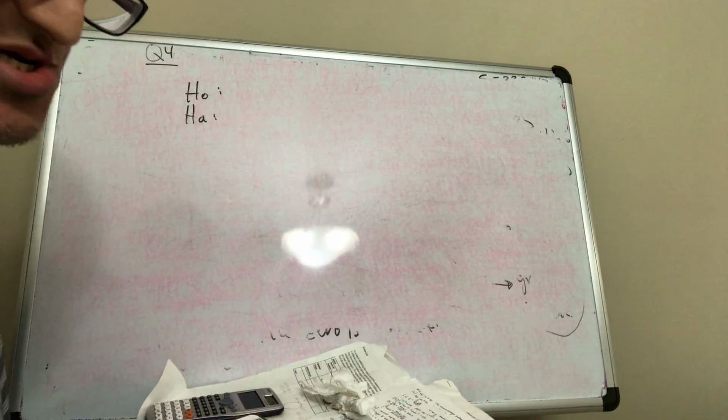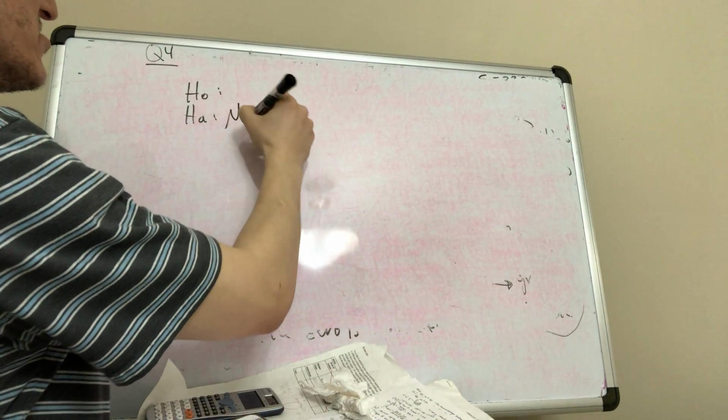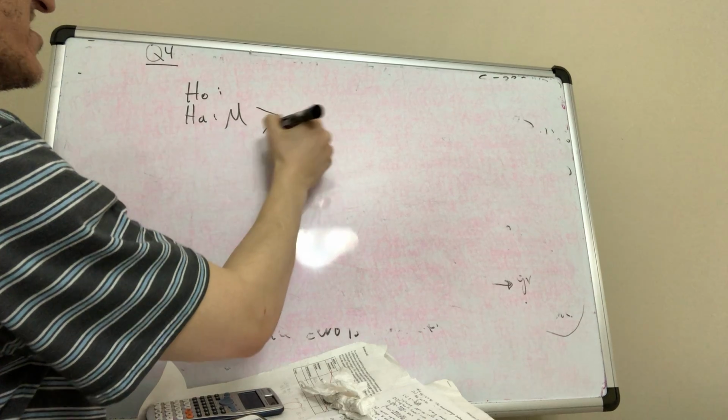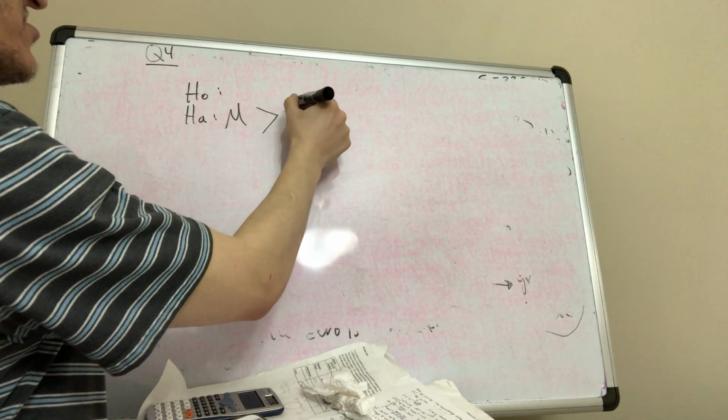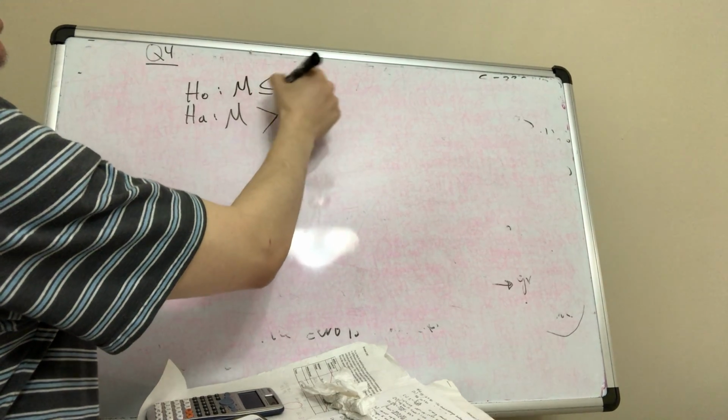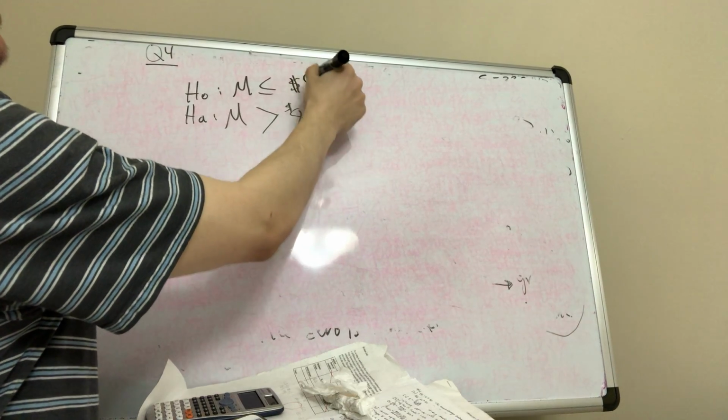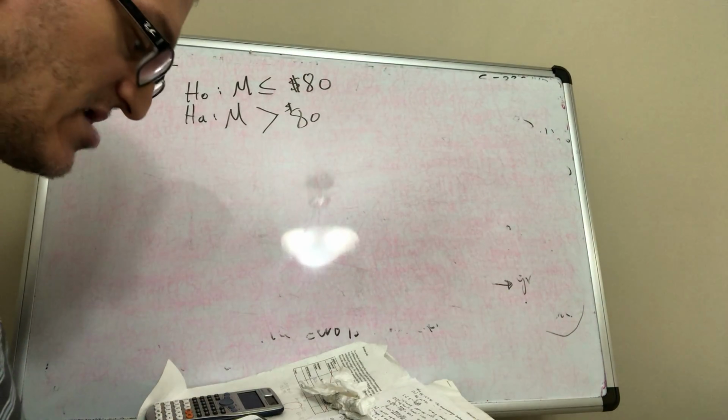You always do HA first, consistent with the question. You're trying to see if the mean exceeds $80, and H0 is the opposite: it doesn't exceed.